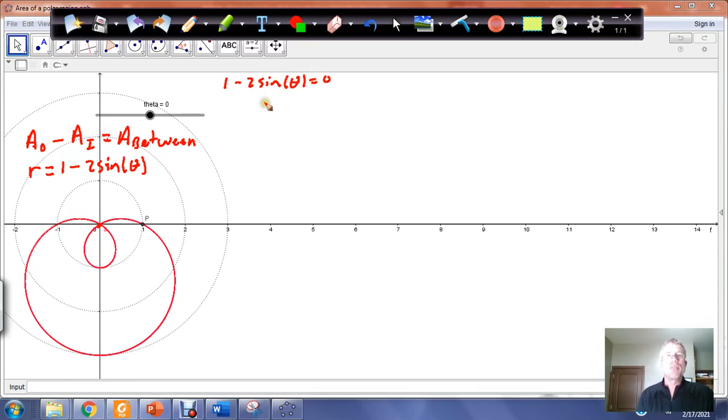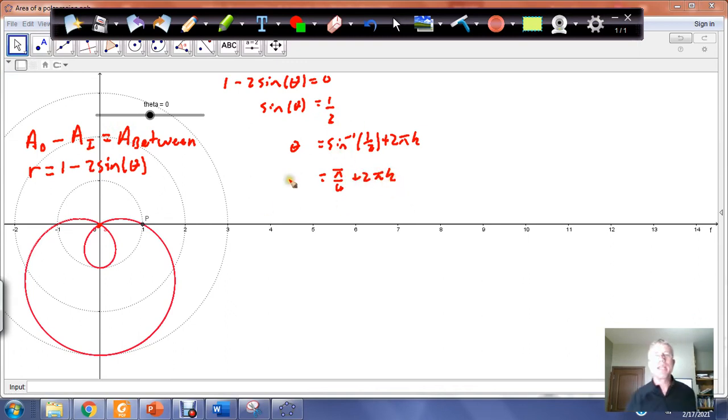We do a little manipulating, and we see that the sine of theta needs to equal a half. Then we take the sine inverse of both sides, so theta equals the sine inverse of 1/2, and we actually get infinitely many solutions, so we could always tack on the plus 2 pi k. The angle that generates a sine ratio of 1/2 is pi over 6, so we get pi over 6 plus 2 pi k.